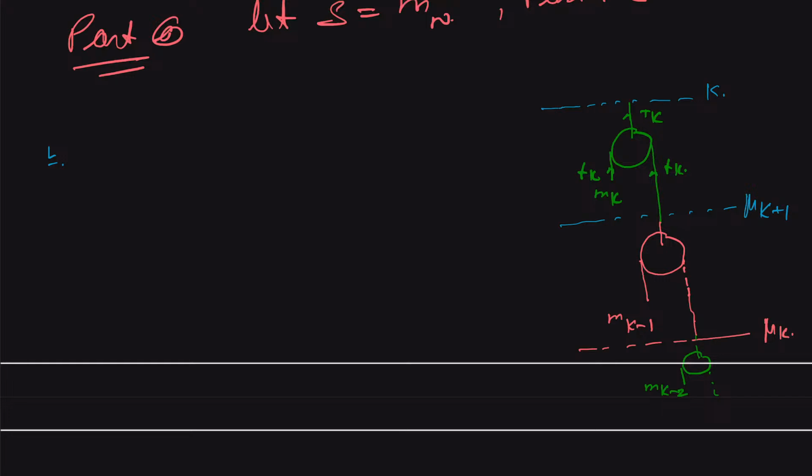Therefore, from this we can say that we have our mu of k, and it is our effective mass.